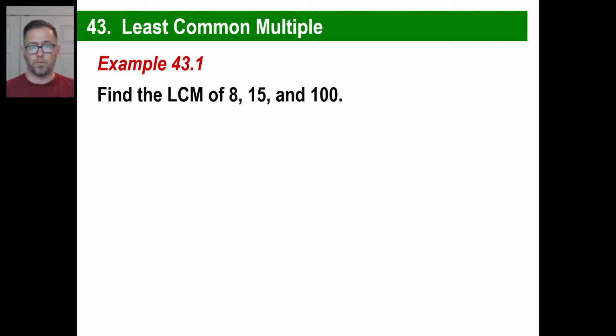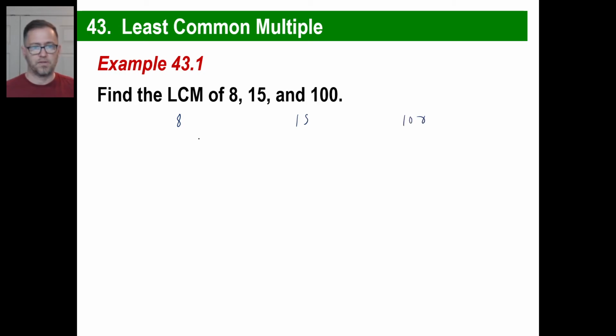If you kept going, 8, 16, 24, 15, 30, 45, 60, 100, 200, 300, and so on, which would be the soonest one that all of these strung out would have as a multiple? Okay, well, let's break it down into the factor trees again.